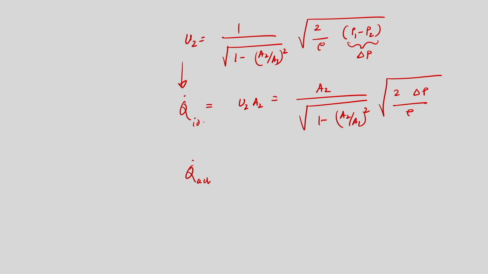This is Q ideal, because we have considered the fluid inviscid, but in the actual case the flow rate will be slightly less, and Q actual is obtained by multiplying Q ideal by a constant, the coefficient of discharge. This is close to 1, an experimentally proven value, typically 0.9, 0.92 like this.